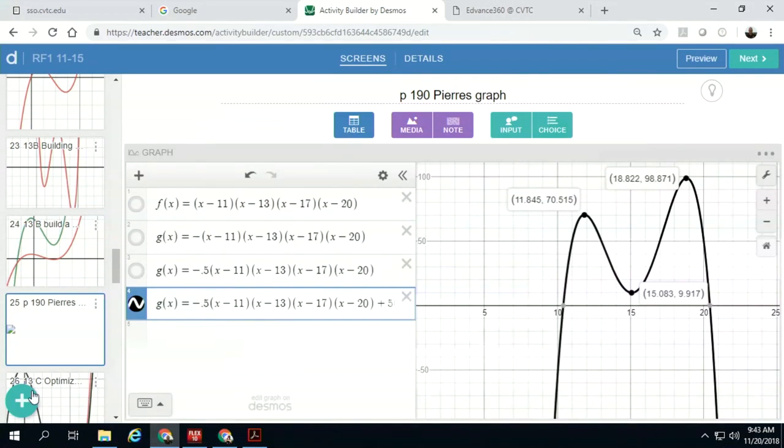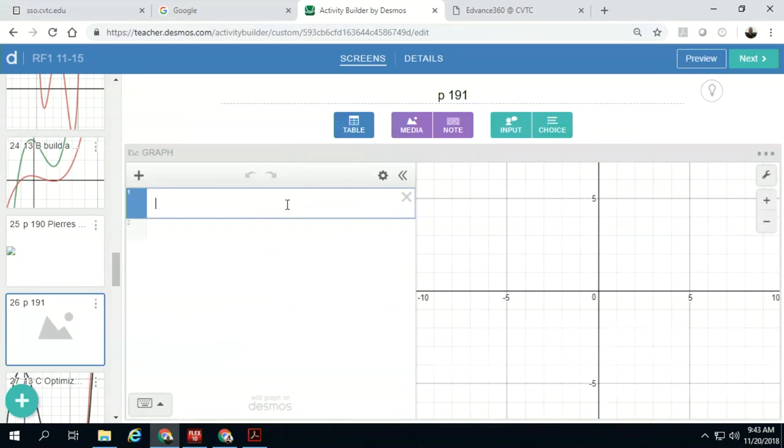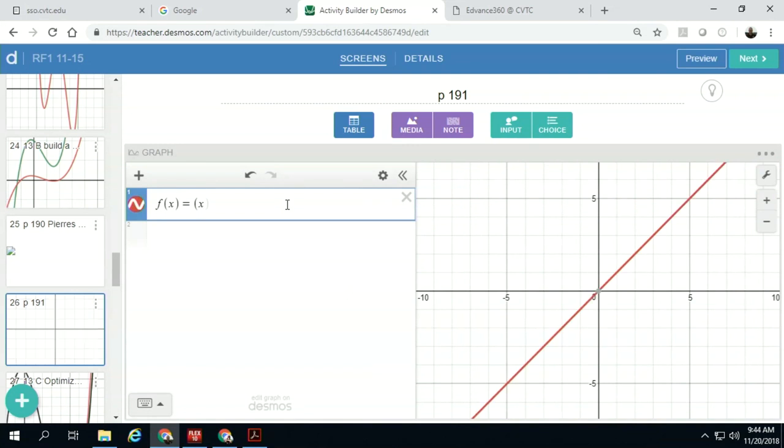Okay, now you go to your model. And your model is on Desmos, correct? Page 191. Okay, give me your factored form. X minus 1, X minus 2.